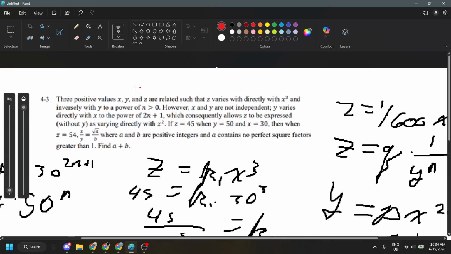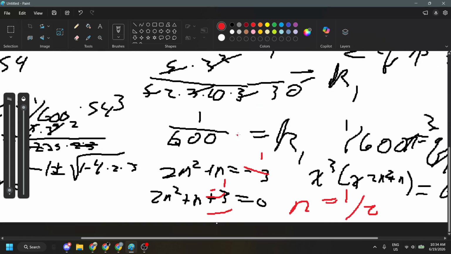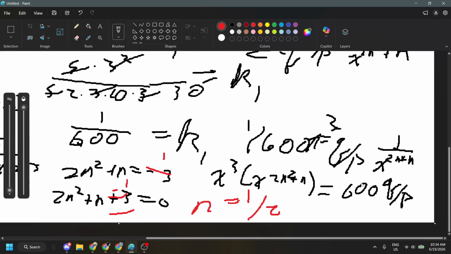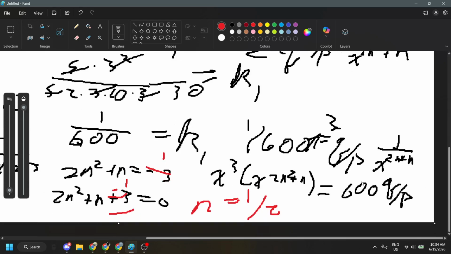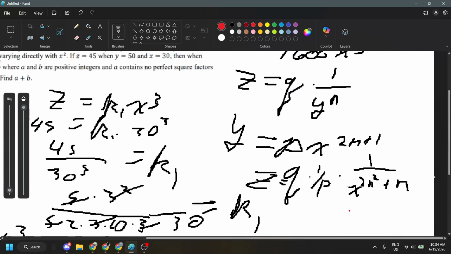Y varies with x squared, which means z varies with x squared, which means that y varies with z. I must have just done the equation wrong when combining the two. But cool.